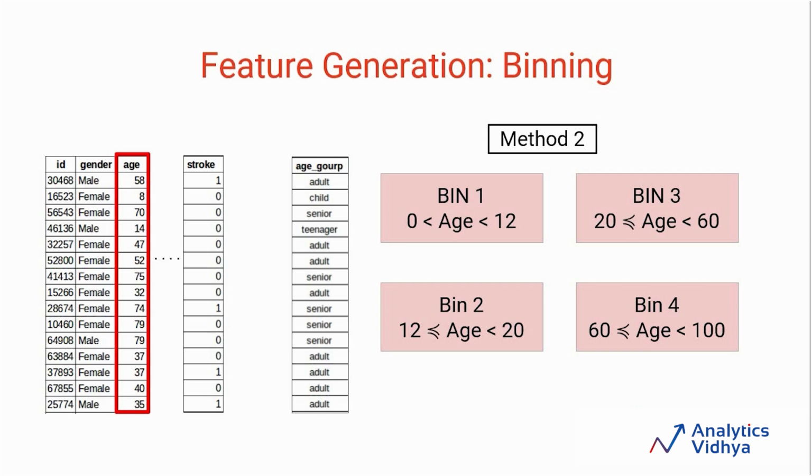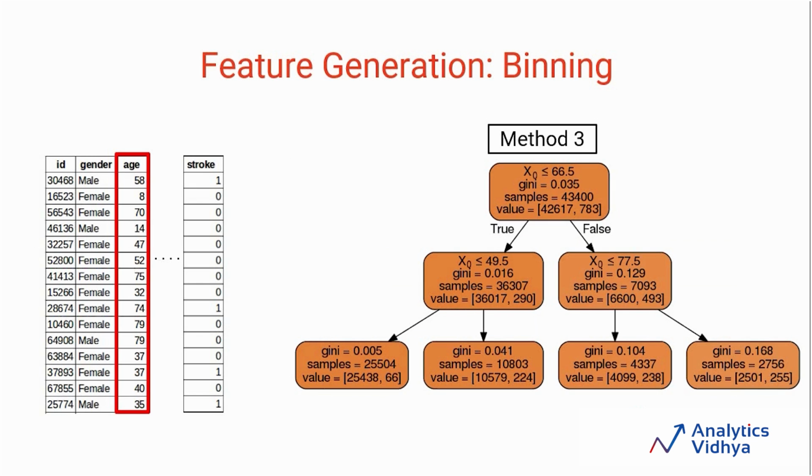This cutoff value or threshold value can also be decided using a simple decision tree. We have built a tree using age as the only feature and stroke as the target variable. The decision tree decides the best split of age such that it is able to classify whether the person will have a stroke or not.